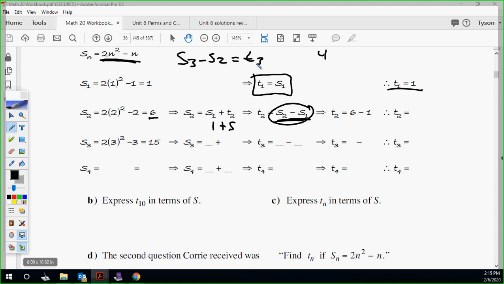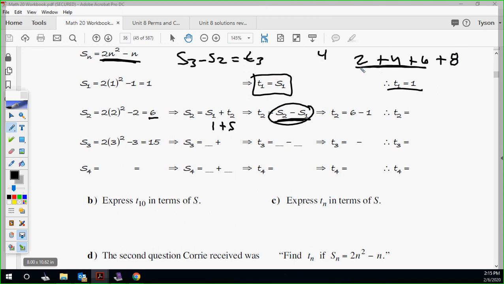So what I'm saying is, again, I'm kind of going off the grid here a little bit. If I had 6 plus 4 plus 2 plus 0, that's going down. Actually, let's go up. Let's not go down. Sorry. I want to go up. Let's just say 2, 4, 6, 8. So if I took S4, which is all of these, and I subtracted S3, it would subtract these.